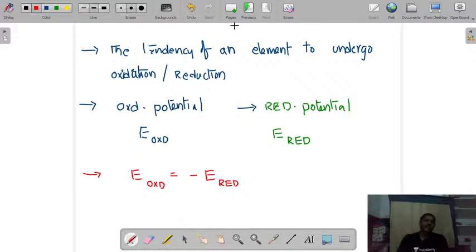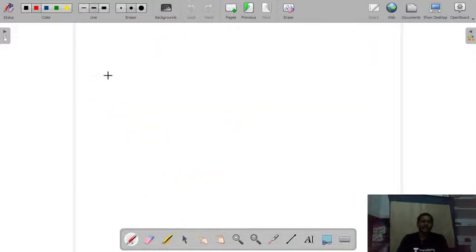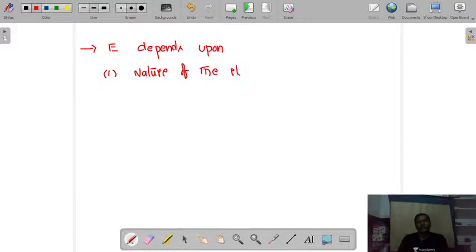Okay, and this electrode potential mainly depends upon the nature of the element.